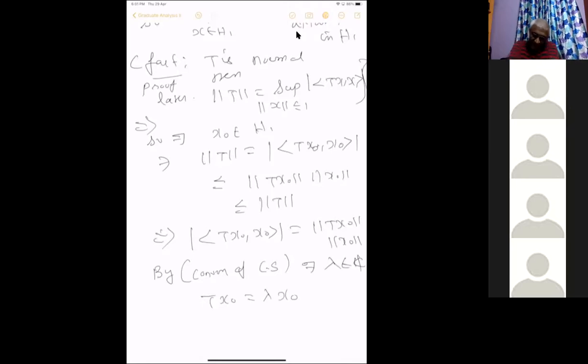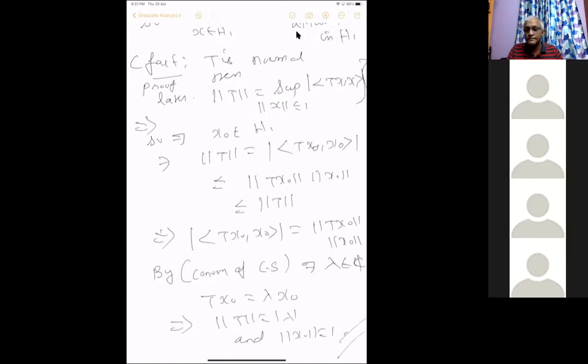But x naught should have norm equal to 1, right? Yes, now it follows. So this implies that norm T has to be equal to mod lambda, and norm x naught equals 1. All these things follow.